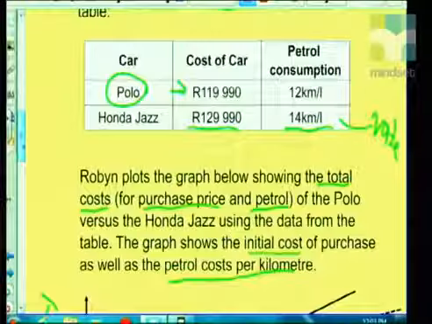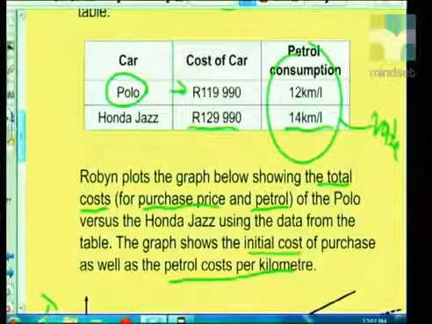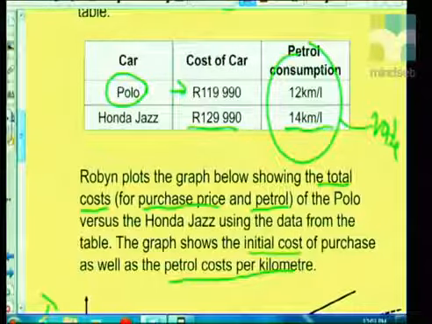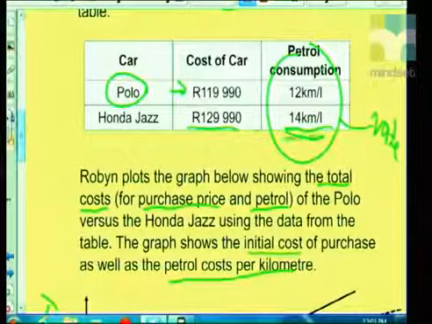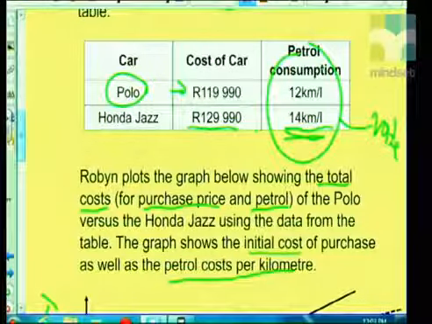Now, the other reason that we can confirm that is the case is that if I do a certain distance, which one is going to cost me more money? And we look at these figures here. This one is going to give me 12 kilometers per liter. This one is going to give me 14 kilometers per liter.